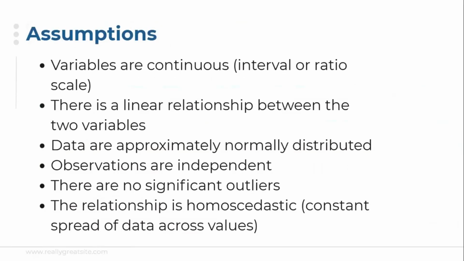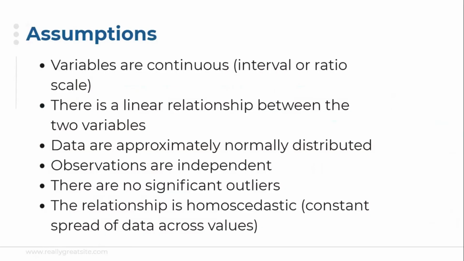Now, what assumptions should we have in place in order to run correlation analysis? One, we need to have our variables as continuous. Please, if you don't understand what a continuous variable is, you're very welcome to attend our first lesson about data types. Then there is a linear relationship between two variables. We can measure that.